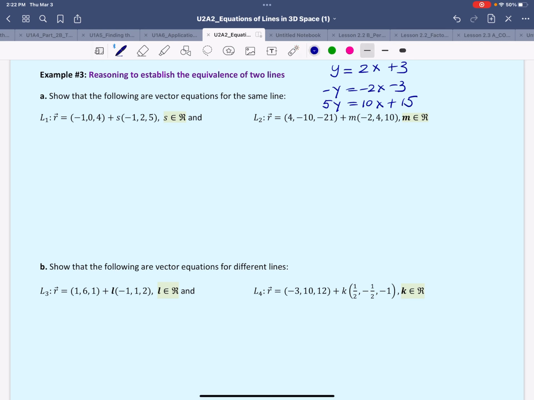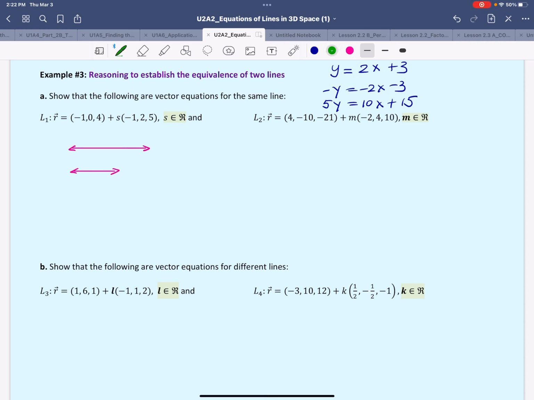Fact number 1. If two lines are the same, they should go in the same direction. For example, this line and this line here, two different lines, must be parallel to each other. So what guarantees that two lines are parallel to each other? Their direction vectors.